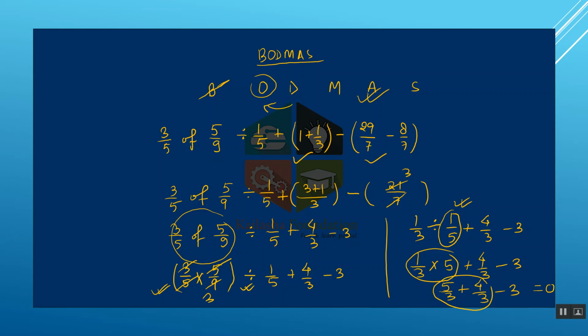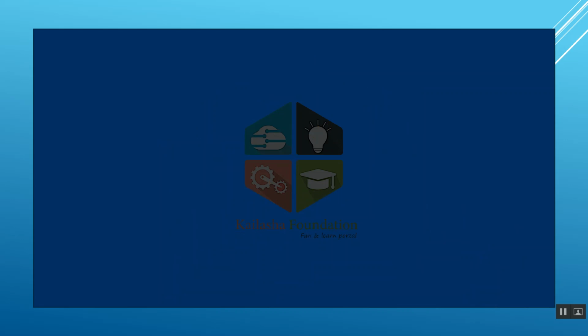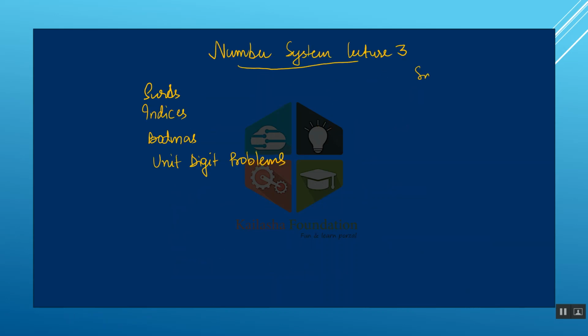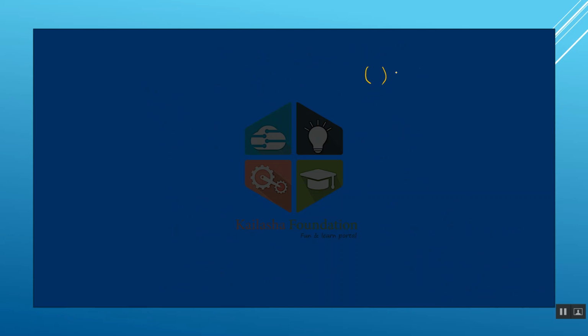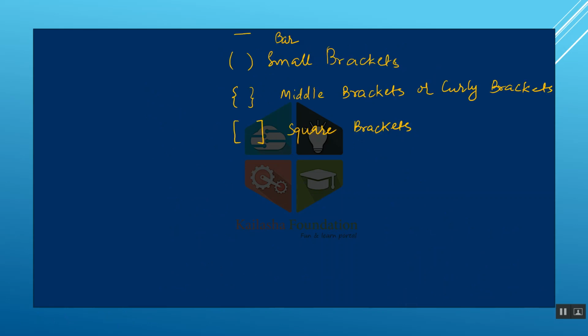Now I'll tell you one more thing, that brackets are of many types. These are the types of brackets: bar, small brackets, middle brackets or curly brackets, and square brackets.